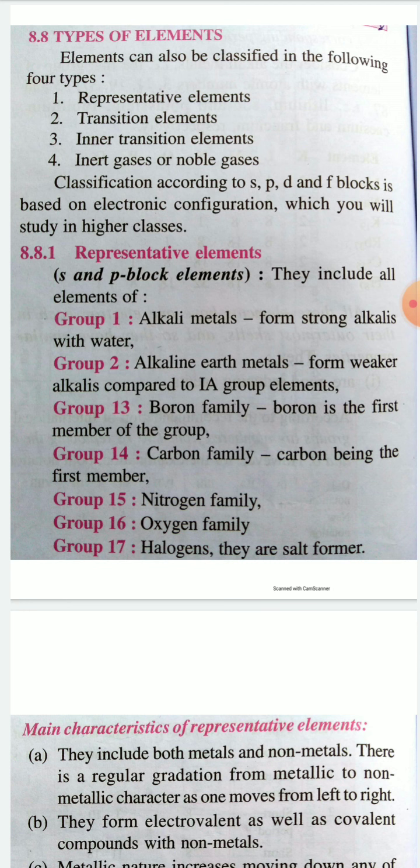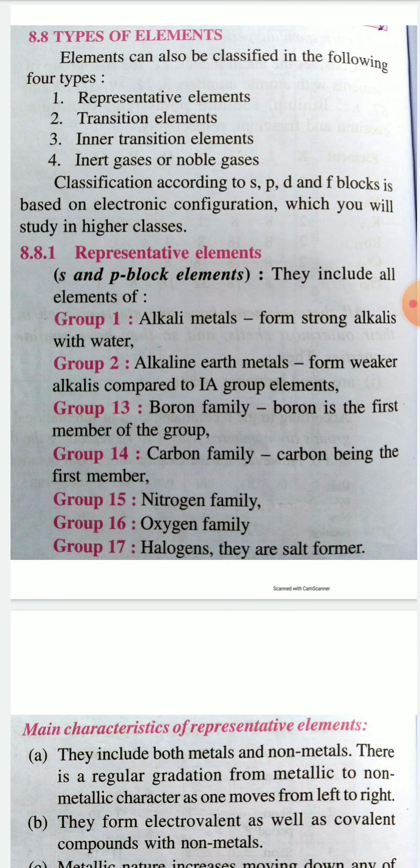For example, sodium forms a strong alkali, sodium hydroxide, when it reacts with water. Potassium forms a strong alkali, potassium hydroxide, KOH, when it reacts with water. Sodium hydroxide is NaOH. These are strong alkalis, and group 1 elements form strong alkalis with water. That's why these elements are called alkali metals.